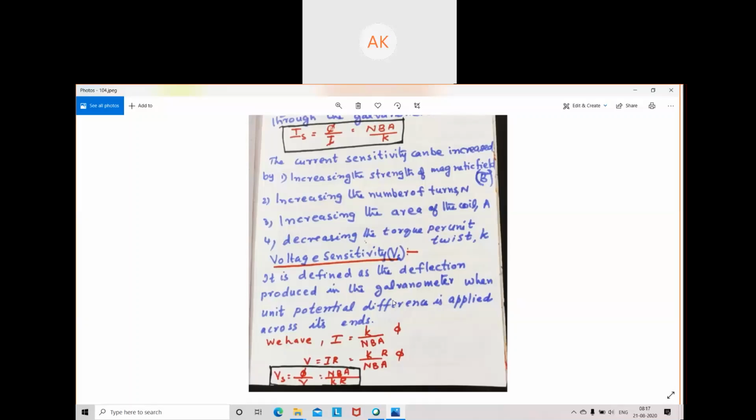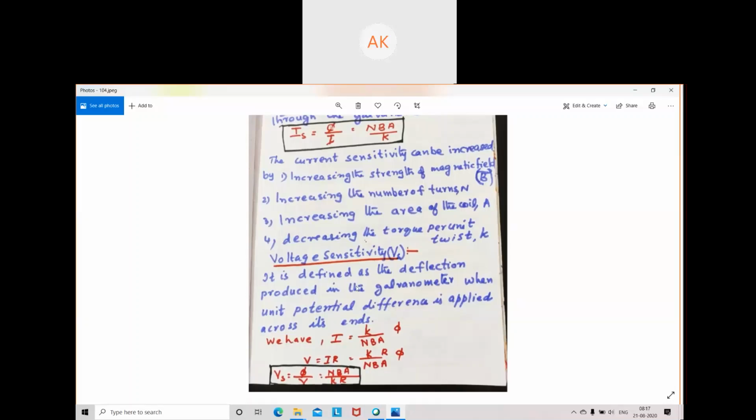Next, voltage sensitivity. Voltage sensitivity is defined as the deflection produced in the galvanometer per unit potential difference. When a unit voltage is applied, what is the deflection produced? That is the voltage sensitivity.